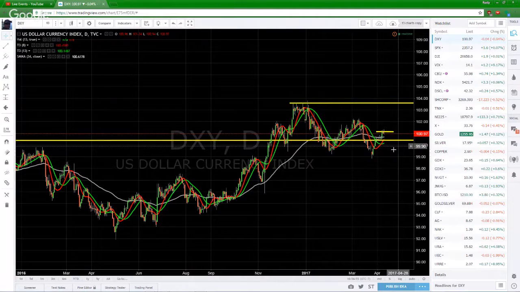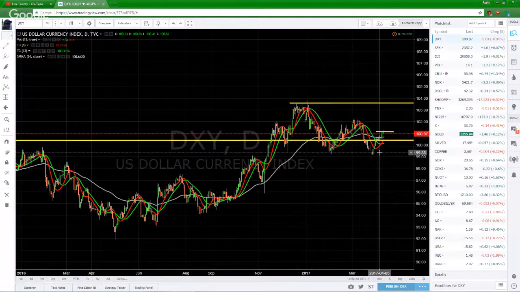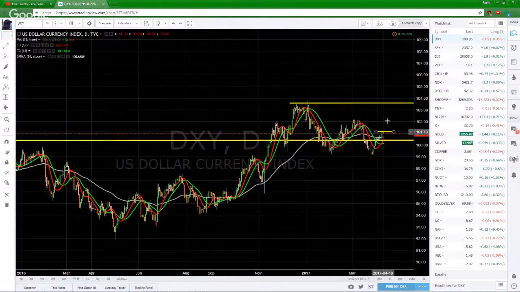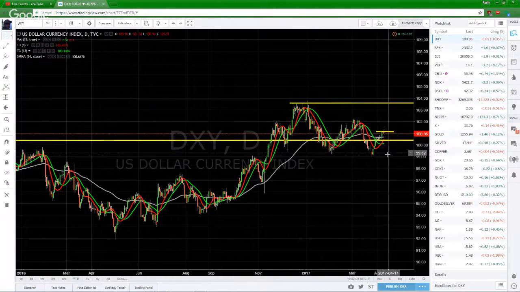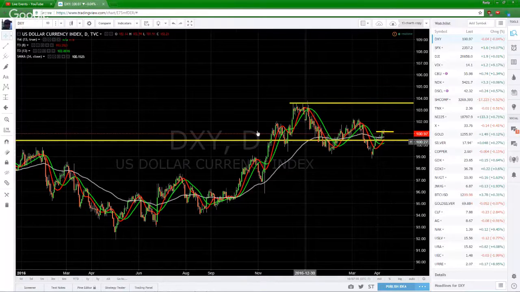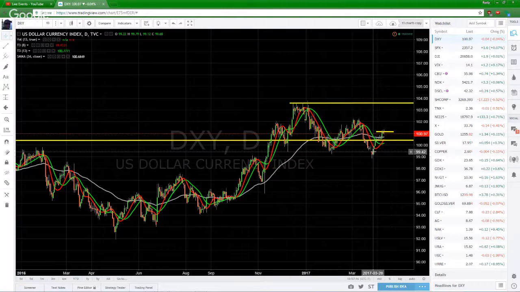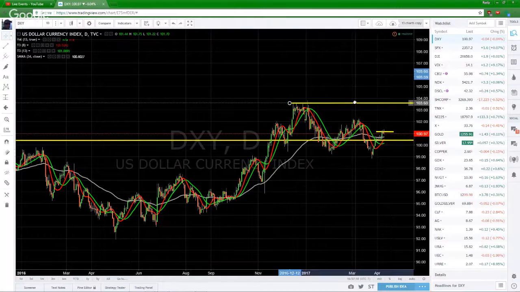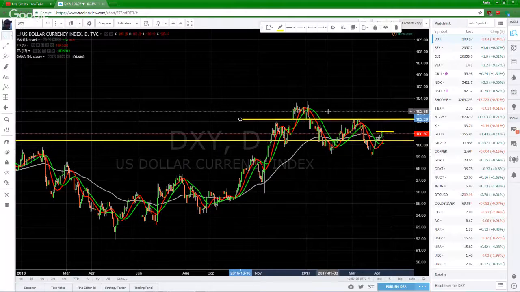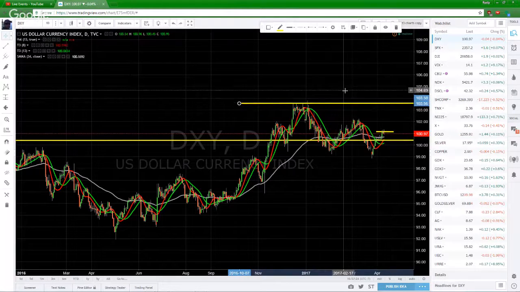So I've got a head and shoulders top, but I also have a whipsaw over support through resistance back into the price pattern. So who's going to win? Is the head and shoulders top going to win, or is the whipsaw just going to negate everything? I've got resistance coming in. If it wants to come up, there and there.